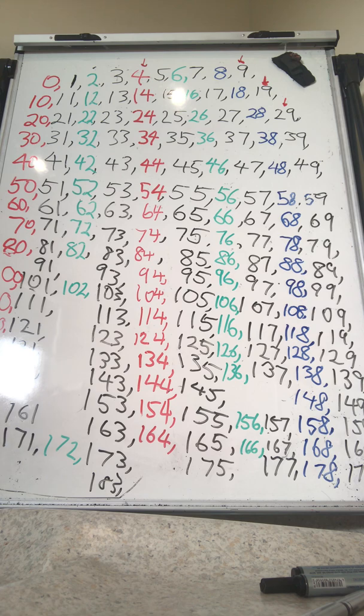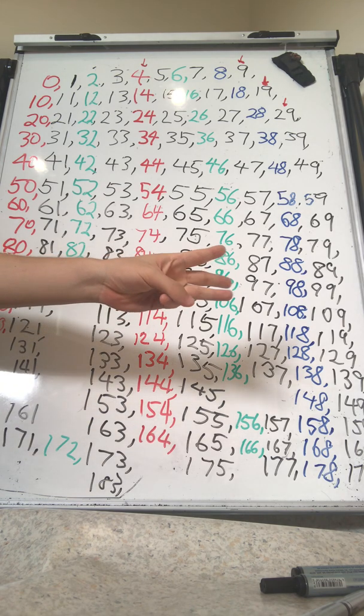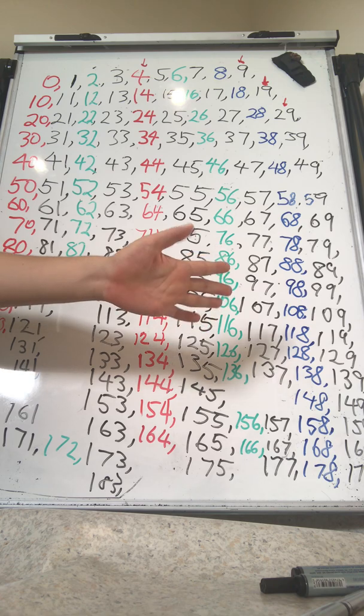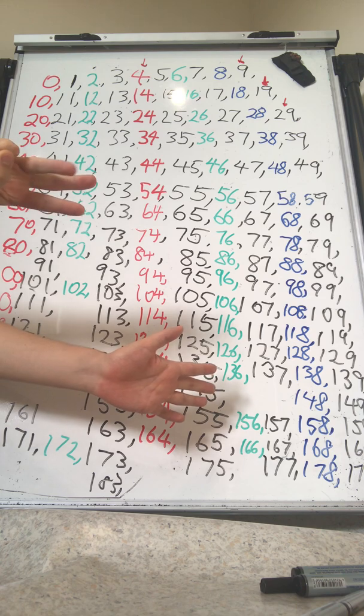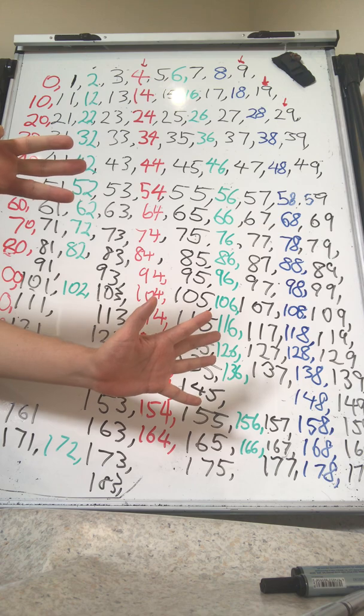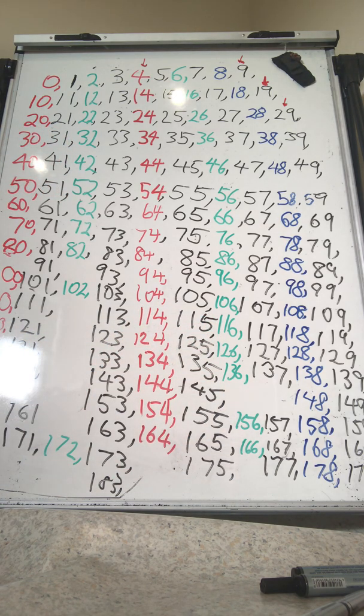And then 33, 34, 35, 36, 37, 38, 39, 40. And that's 5 times 8. Yeah, 5 times 8 is 40. Okay, so now there's 3 more.